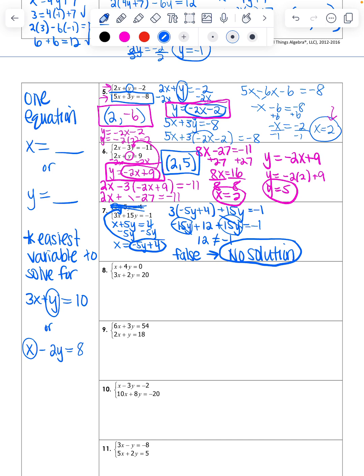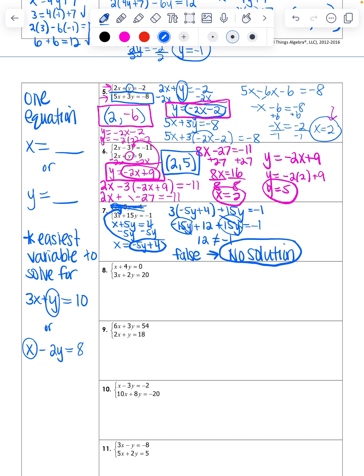So when that happens, we automatically know that this system has no answer. And it has no answer because these two lines are parallel. So if we were to solve both of them for y, we would see they have the same slope and a different y-intercept.